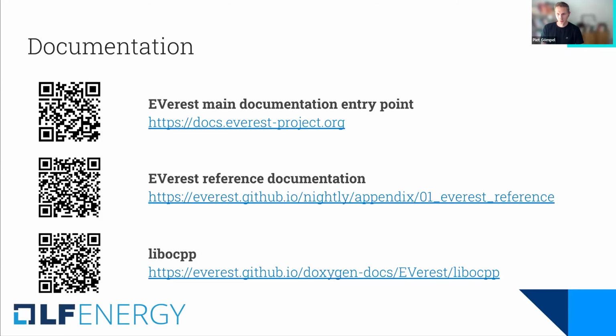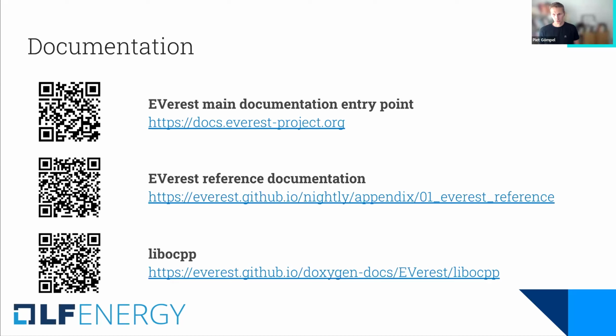Yep. So here we have listed 3 sources of documentation around the EVerest project. The first one is the EVerest main documentation entry point, where you can find explanation tutorials around the project, sections on how to get started.